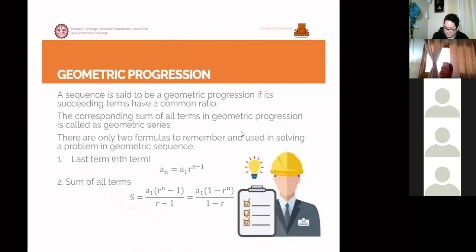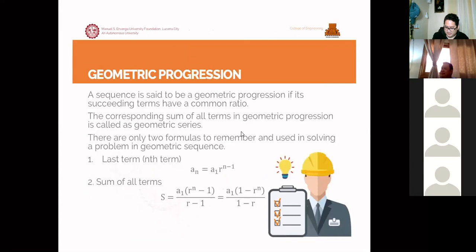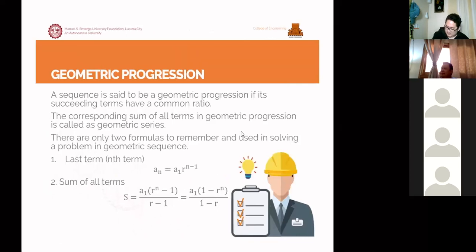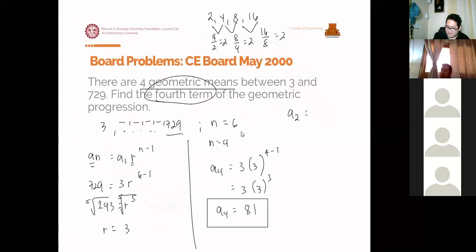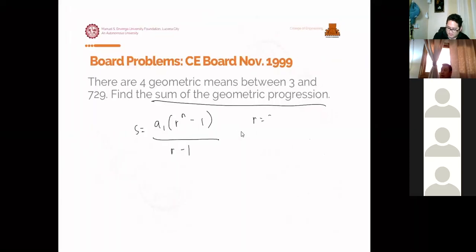So, yung sum, ang formula niya is S equals A1 times R^n minus 1 all over R minus 1. Calculated natin from the previous slide na yung R natin is equals to 3, N natin is 6, A1 natin is 3. Substitute nyo lang.